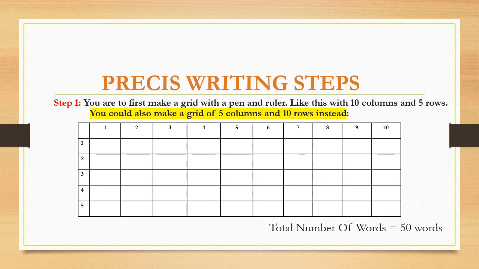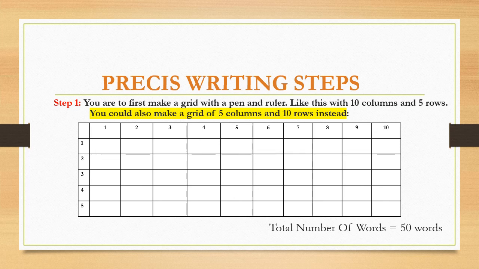But you, students, you have to make your own grid with 5 columns and 10 rows instead. So instead of having 10 of these vertical lines, you have to have 5 of these vertical lines and 10 horizontal ones. You have to number each column and each row.